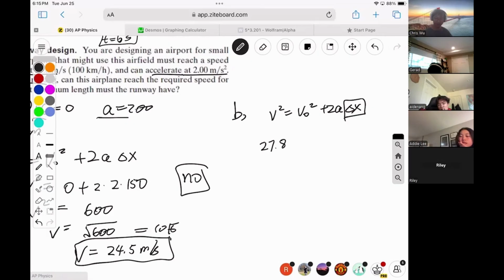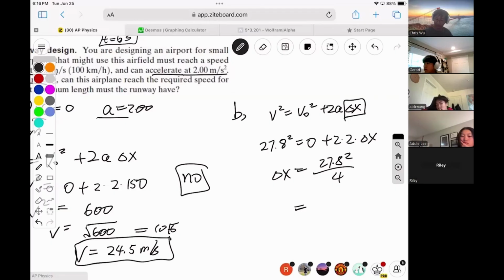I want the speed of 27.8, and that's 0 plus 2 times 2 times delta X. Then delta X is equal to 27.8 squared divided by 4, which gives about 193 meters. That is the minimum runway length that I need for this airplane to take off.